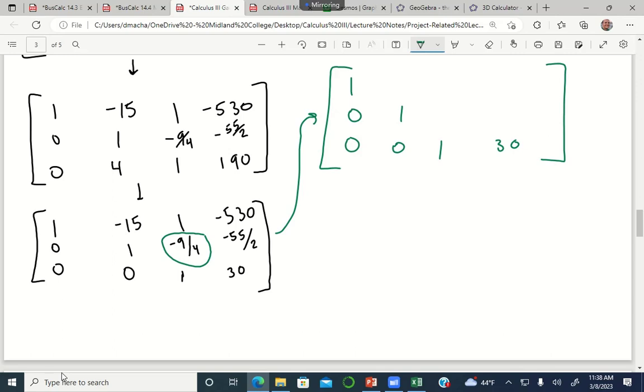Think about multiplying the third row times 9/4 and then adding it to the second row. So that means negative 9/4 plus 9/4 times 1 is 0, like we want. But that means I have to do negative 55 halves plus 30 times 9 over 4.